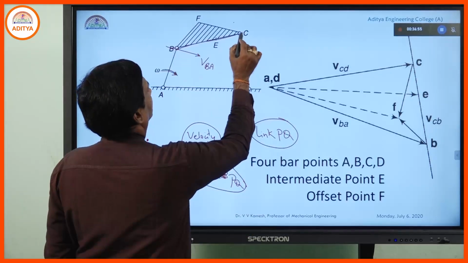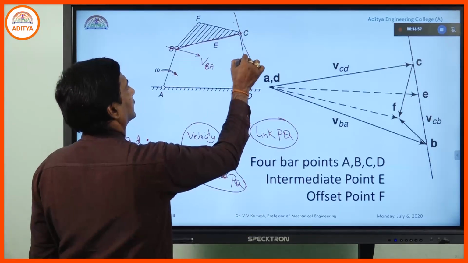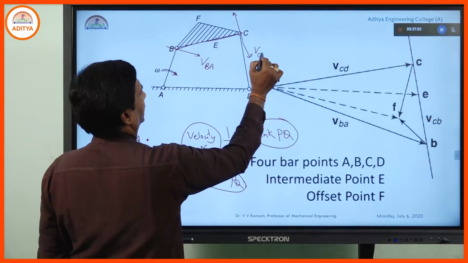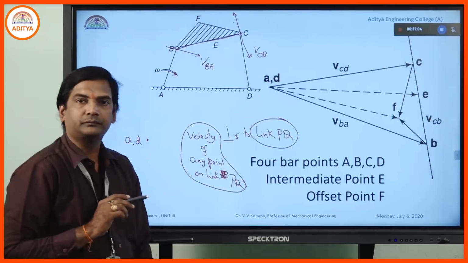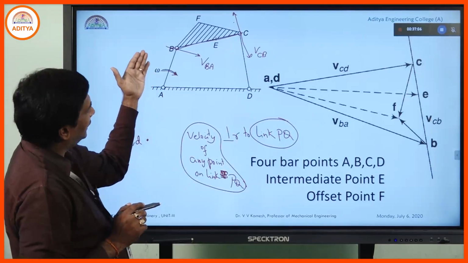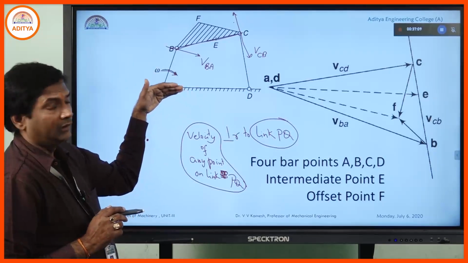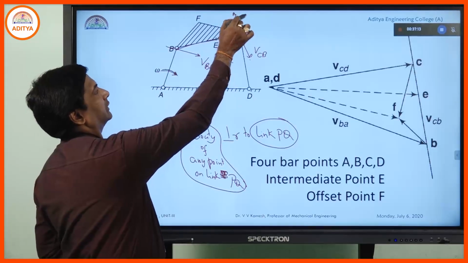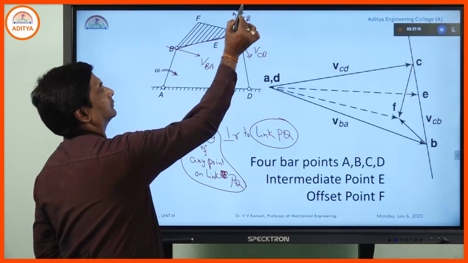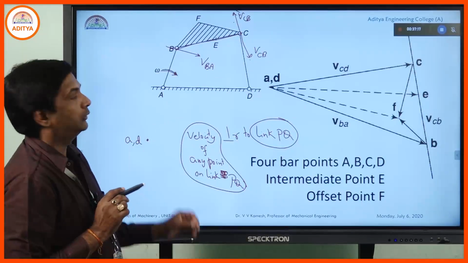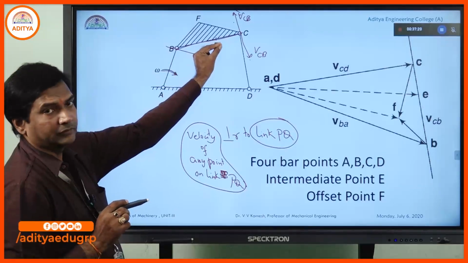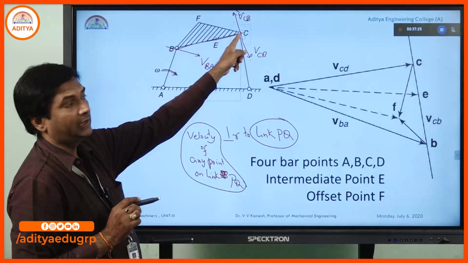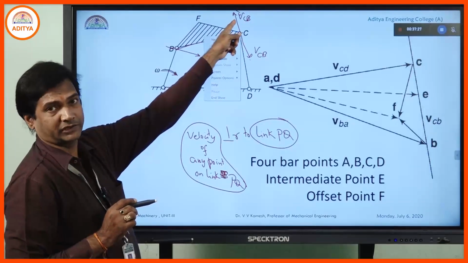So, to this perpendicular, let us take like this, velocity of C with respect to B. Because it is very clear that it is rotating clockwise, we can take this one in this direction, or it may be in this direction. So, once we have a point and a secondary point, velocity of C with respect to B can be in this direction or in this direction.